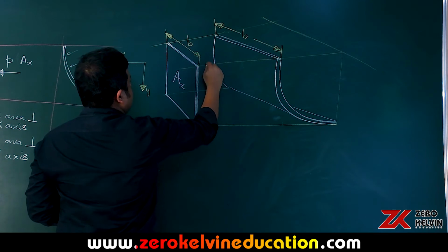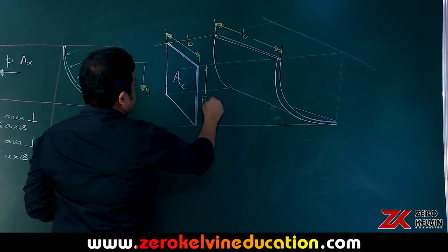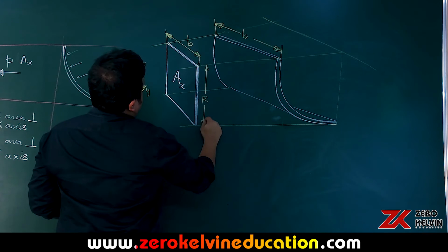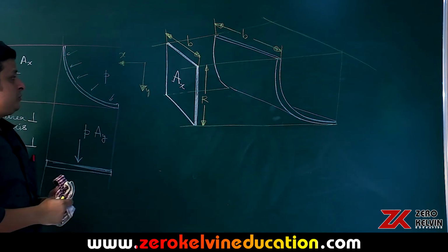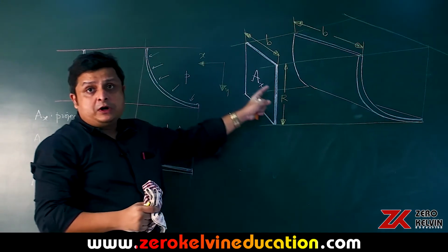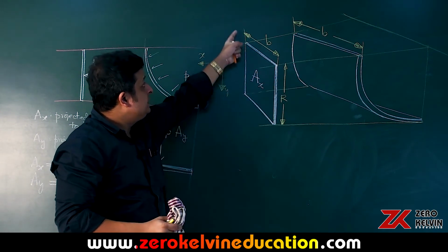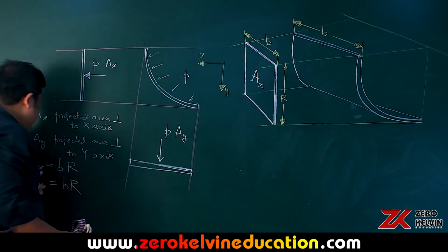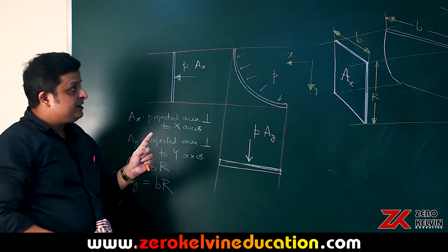So this part is the radius R. So there you see the projected area perpendicular to the x axis. AX is B multiplied by R, as I have written here. AX is equal to B multiplied by R.